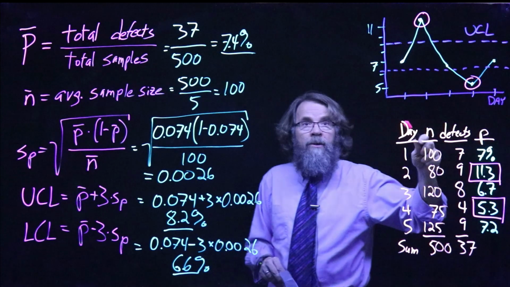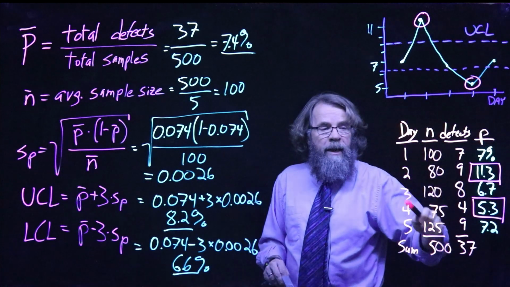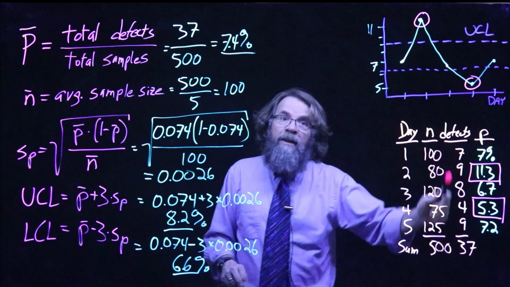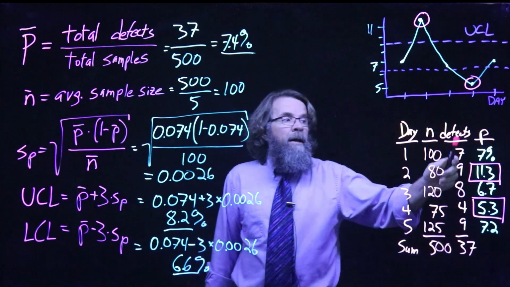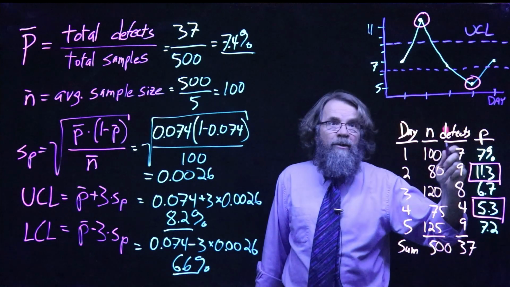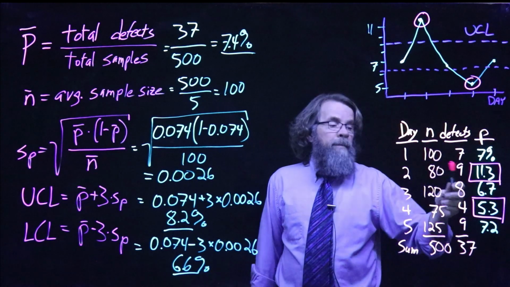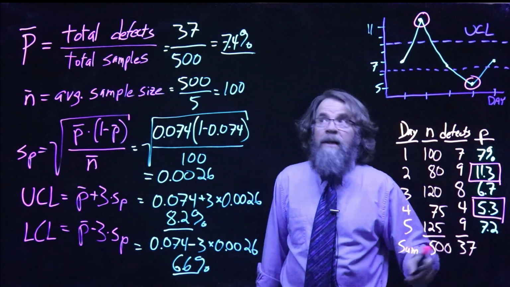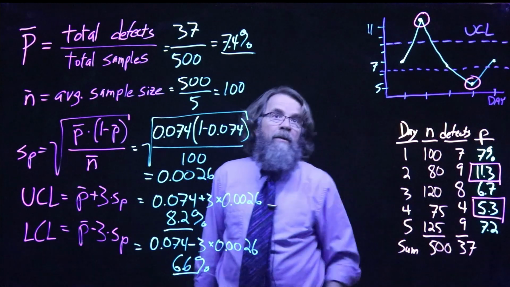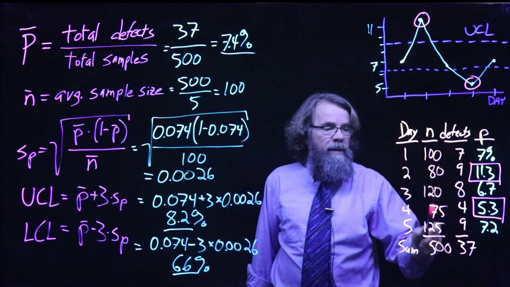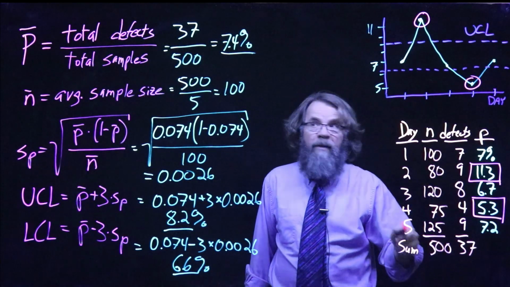So to summarize, we start off with data about how many samples we collected each day and the number of defects each day. Dividing the number of defects by the number of samples, we get the defect rate for each day. We can then take the total number of defects, divide by the total number of items inspected to get P bar, our defect rate. The average sample size is just the average of these numbers, or 500 divided by 5.